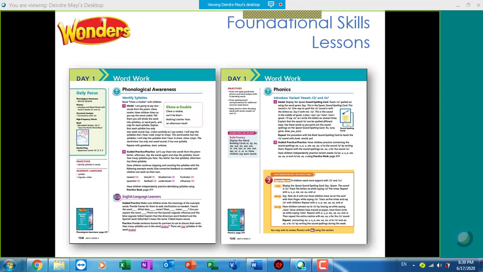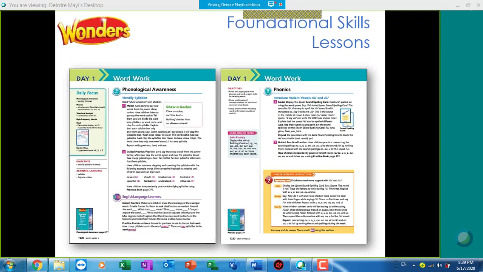We'll talk more about the practice book later, but know that there is always going to be practice available for all of the foundational skills. Now, we're still on day one, and we're now leaving phonological awareness, and we're moving into phonics. So the students are going to be working with variant vowels this week.